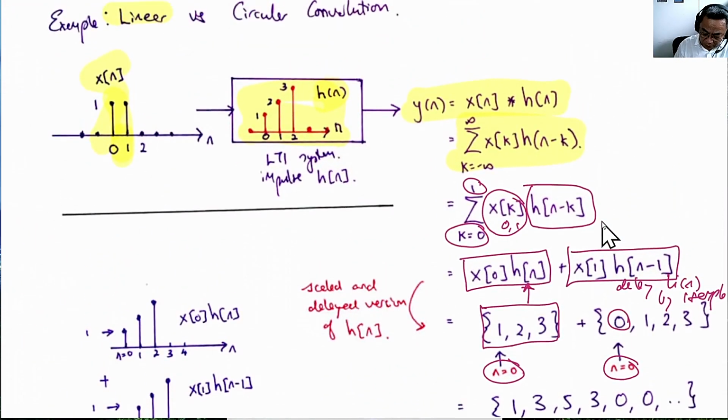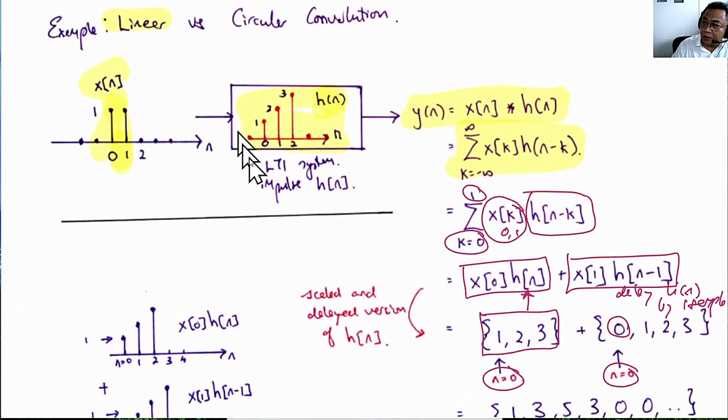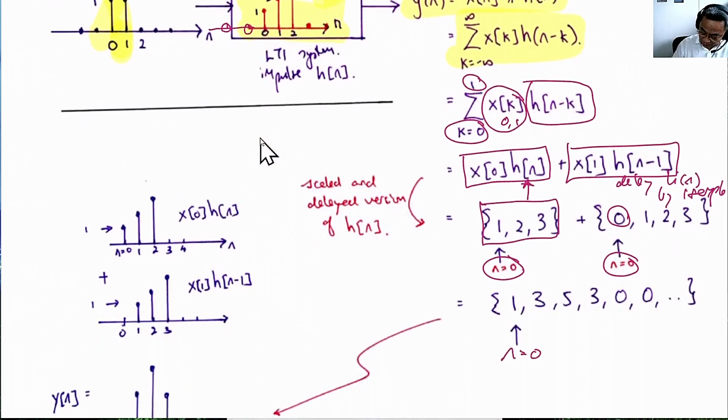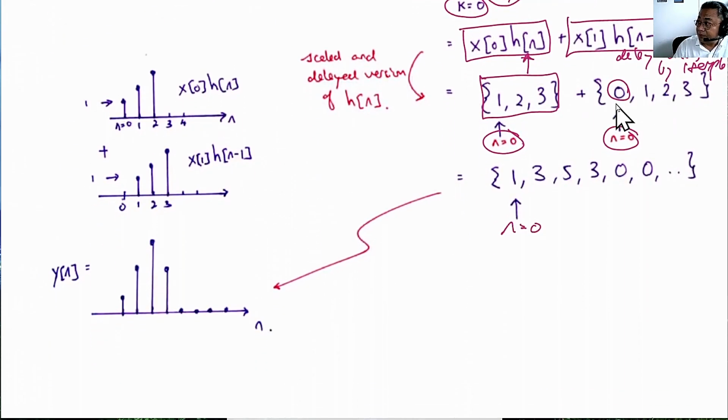Why did we shift 0 into this? Because the original sequence is like this. The values on the left hand side of here are all 0 for our h[n]. So when we shift 1, 2, 3 on the right hand side, this 0 is shifted into this index 0 here, and therefore this is what we get. Now how do we perform the convolution?